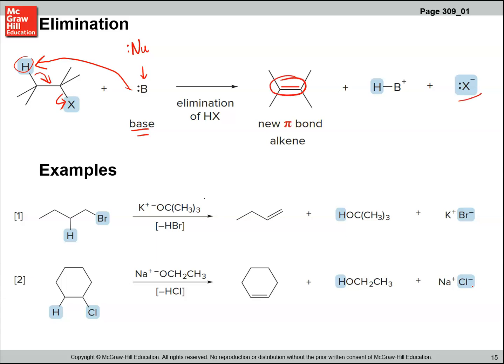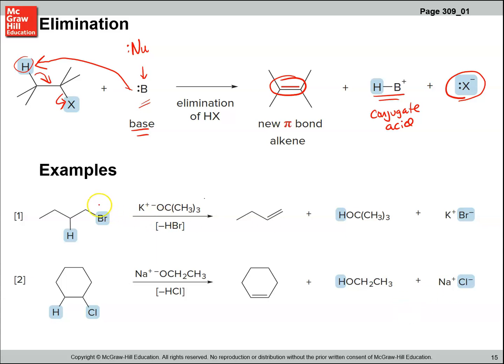You can see in the middle we have our leaving group left with the electrons, and now we've formed a new compound, formerly this base, now the conjugate acid. That's the difference here. With the elimination, again, we're going to remove things and form a double bond.